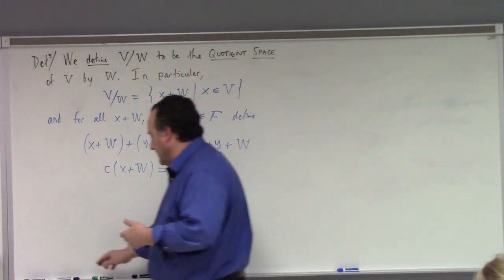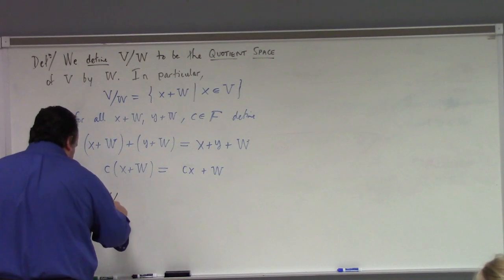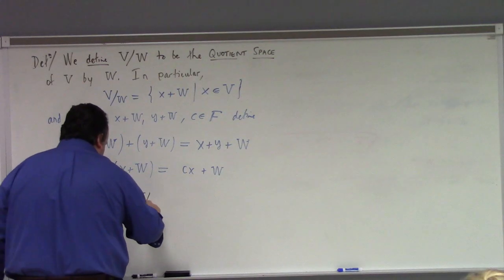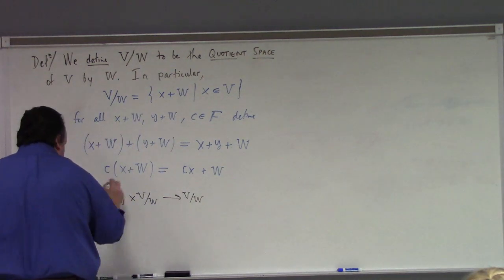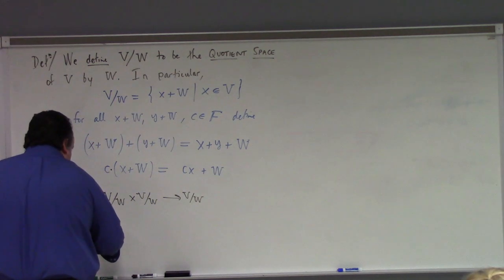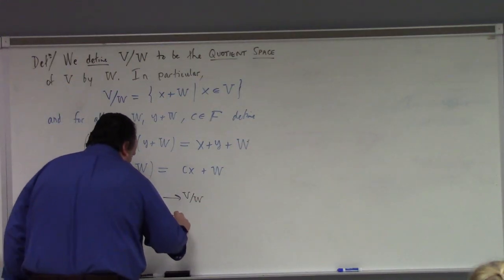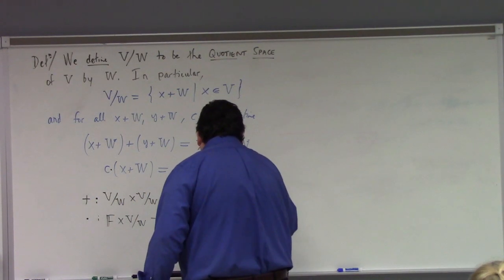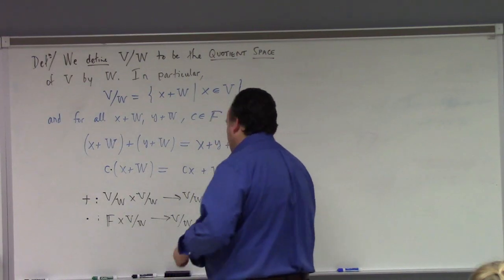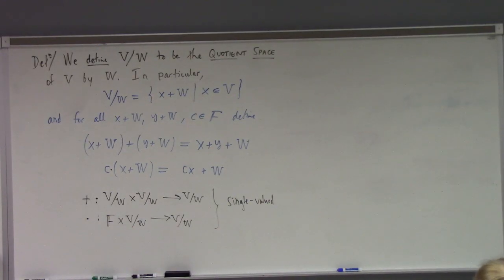So notice that plus, so defined, is a mapping from V by W across V by W to V by W. And likewise, this scalar multiplication here is a mapping from the field across the quotient space to the quotient space. And these are single valued. Why? That's what we just proved in the previous proposition. That's what the proposition says. It says that these maps are single valued. There's more than this, though.